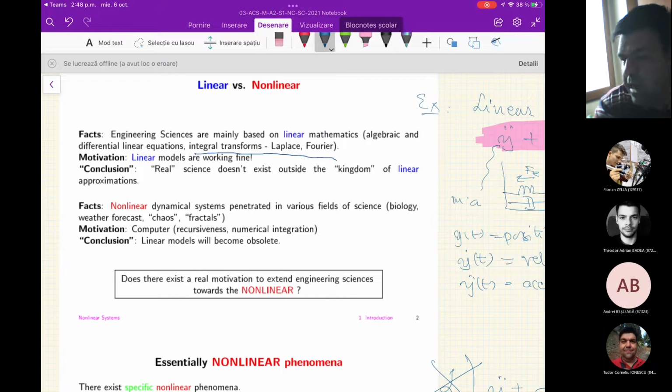It's difficult to create algorithms on the computer until they were smart enough to cook up numerical integration, which is the basis for why nonlinear dynamical systems have come back very nicely.